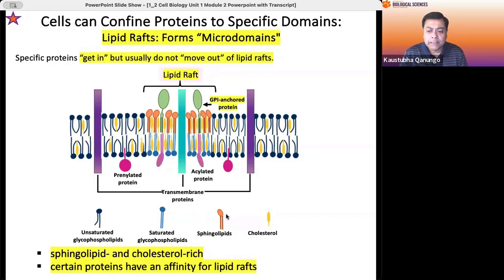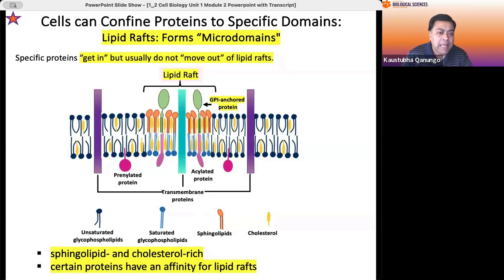Then you have sphingolipids right here, cholesterol all throughout. But what you are seeing are GPI anchored proteins, acylated proteins, prenylated proteins. And along with that, you have these sphingolipids. And of course, cholesterol is all over.